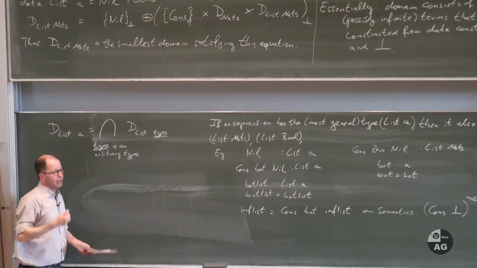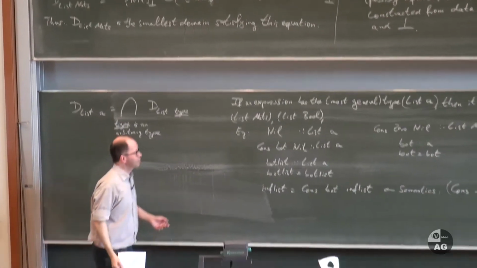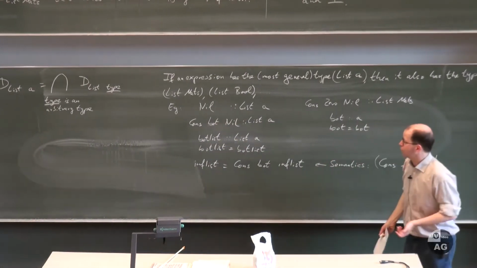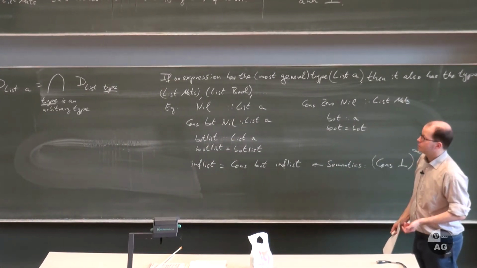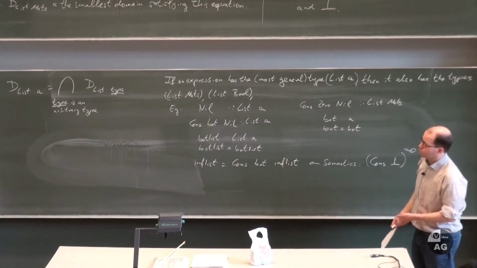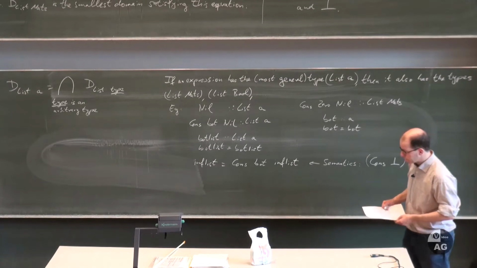We end up with just those elements that we need in this polymorphic type. So in this way, we can extend this whole thing from monomorphic types to polymorphic types.